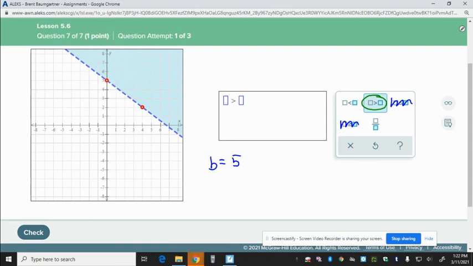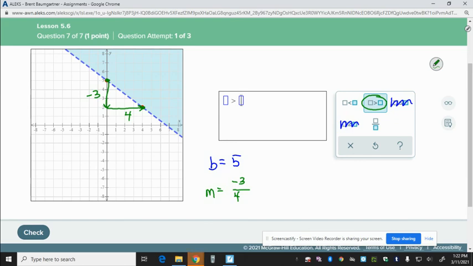My slope needs to be a fraction, right? Rise over run. So I'm going to start at this point and I'm going to end up over here. So I would actually need to go down, let's see, 1, 2, 3. And I need to go to the right 4. So my slope is negative 3/4.